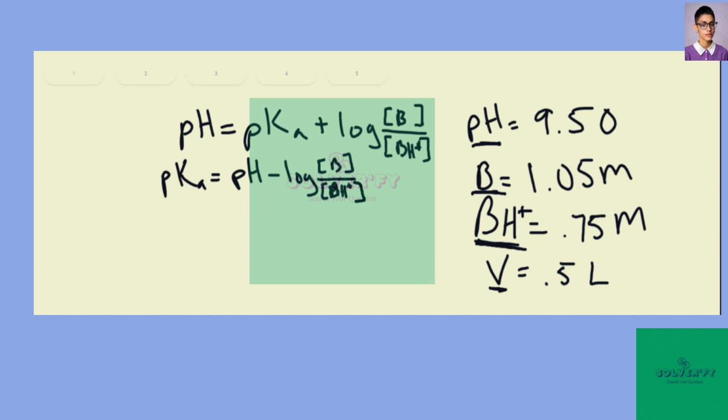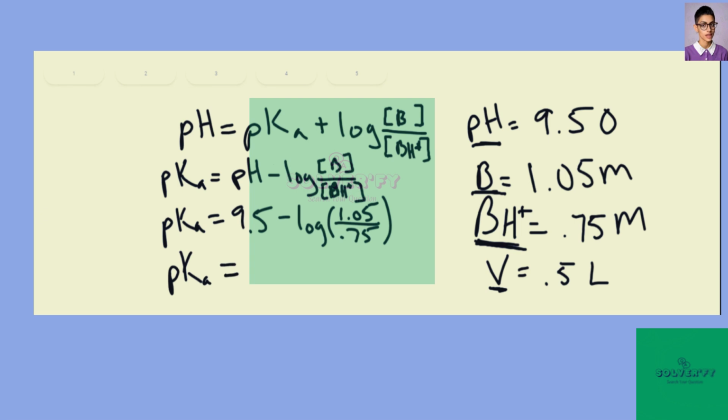Okay, so we just plug in the numbers. pKa equals 9.5 minus log of 1.05 molar over 0.75 molar. Okay, and you plug that in your calculator and you'll find that the pKa equals 9.35. Okay, and we'll need to remember that for the future because we will use that again.